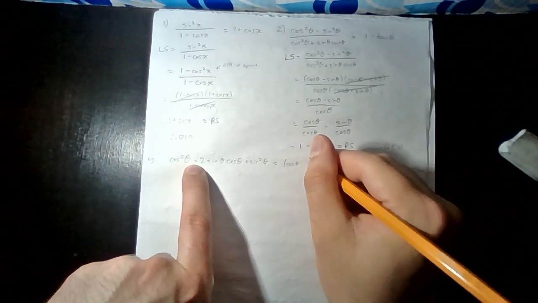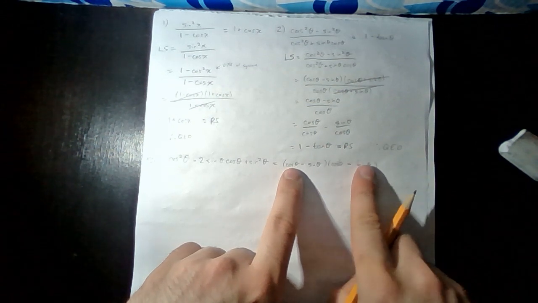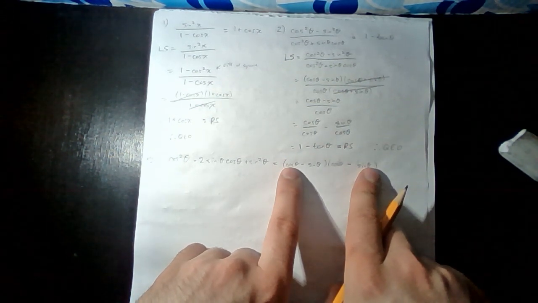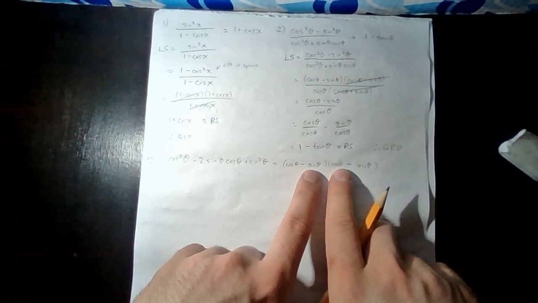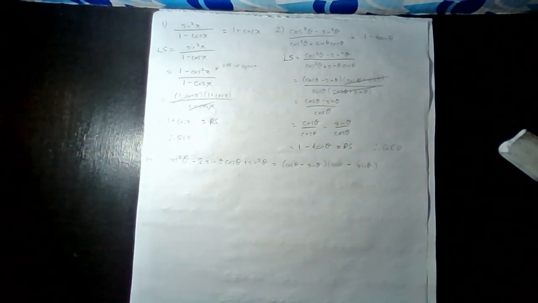And then lastly, our middle term's negative 2 sine theta cos theta. So that's telling us that these should both be negative. If we multiply cos theta and negative sine theta, we get negative sine theta cos theta. If we multiply negative sine theta and cos theta, we get negative sine theta cos theta. So we have negative 2 of those sine theta cos thetas.